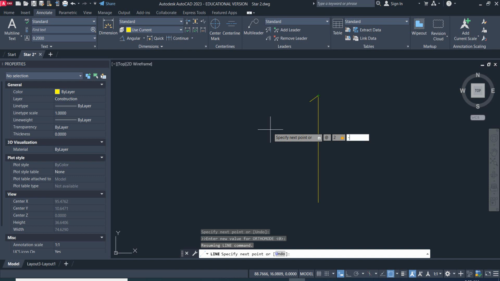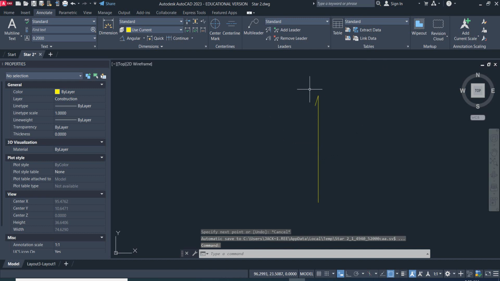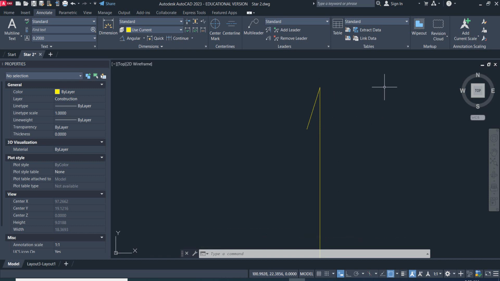So I'm going to go with a negative 108 degrees. Okay, and I'm going to stop the command right there and zoom in on this. Coming from the vertical, I'm coming down 90 degrees, and another 18 degrees gets me to this line point here.